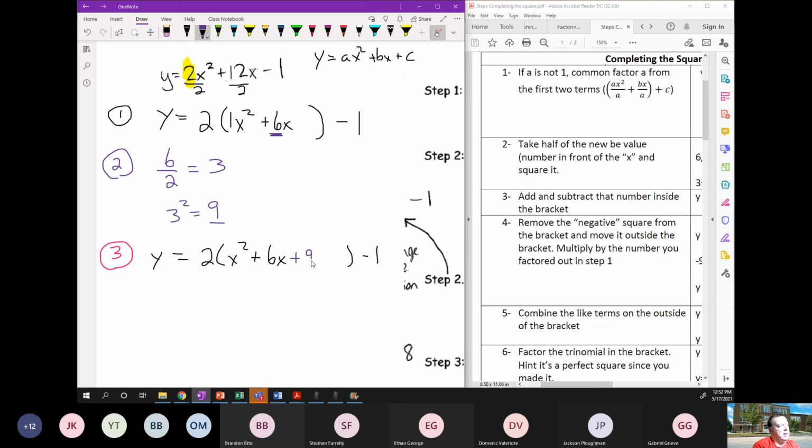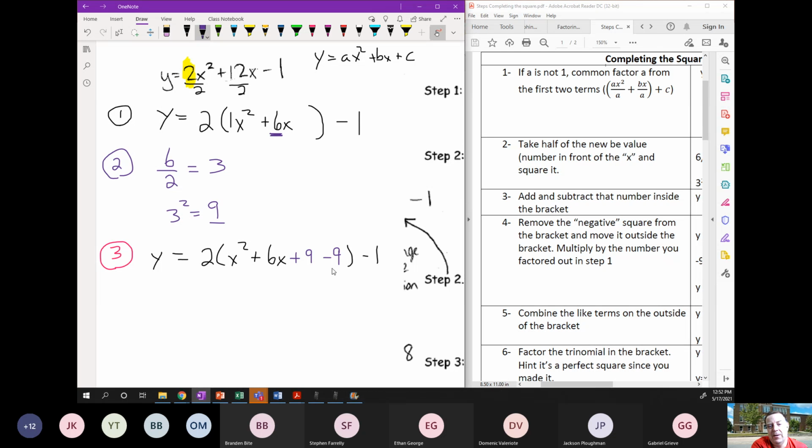So we're going to add 9 and minus 9. The reason we add 9 and minus 9 is because we haven't changed the equation at all. We added 9 to it and we took off 9, so we didn't add anything really, because 9 minus 9 equals 0.